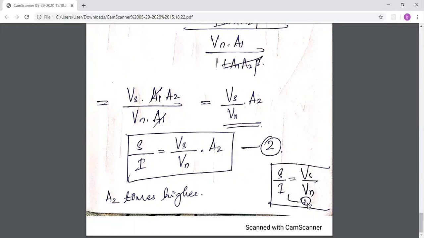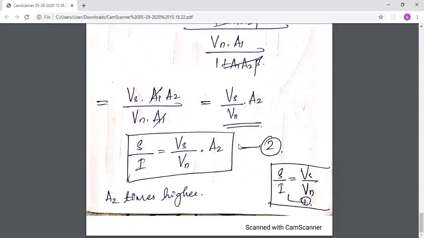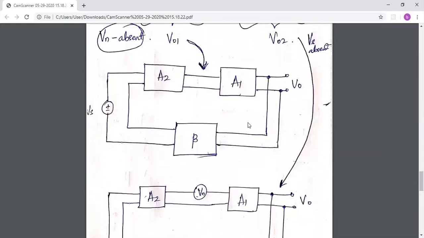Previously we got Vs by Vn alone, which is equation 1. Now we got Vs by Vn into A2, meaning the signal to noise ratio is A2 times higher when negative feedback is present.